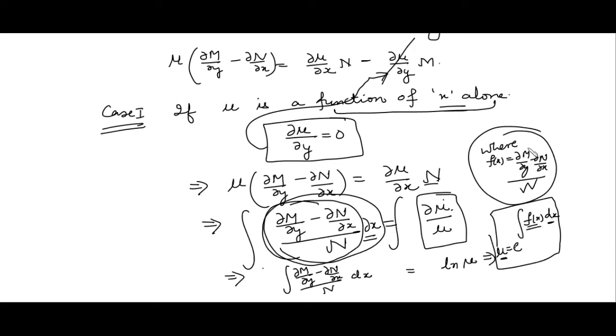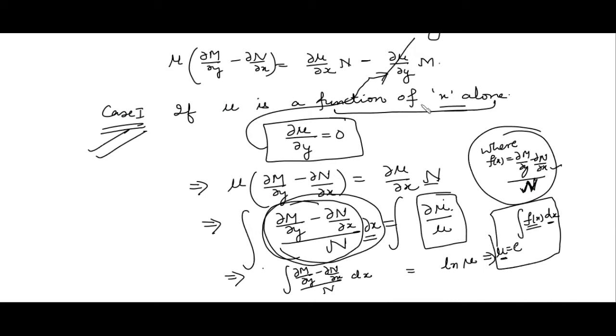So case 1: the integrating factor will be e to the power integral of f(x) dx, where f(x) is this thing, provided this is a function of x alone.